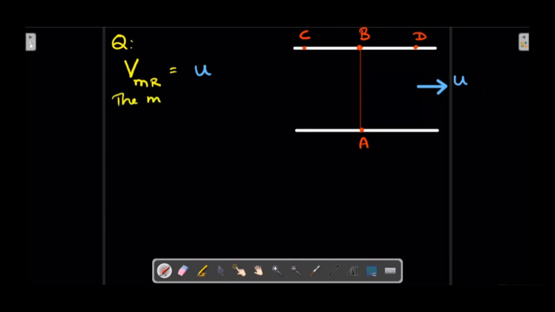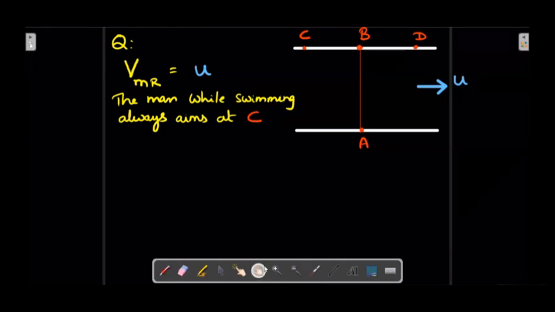The man while swimming always aims at C, but if he aims at C, he would end at C only if the river was not flowing.